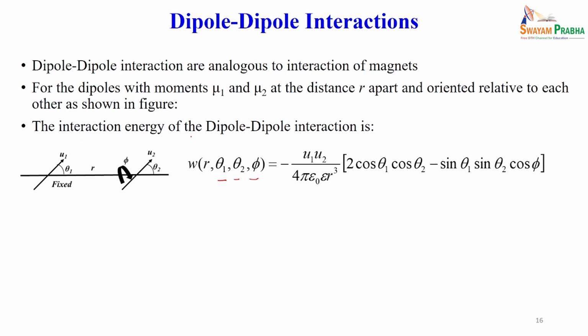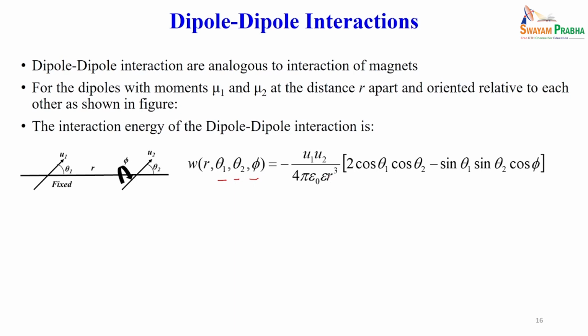The interaction energy of the dipole moments will be a function of r as well as both the angles and this new angle phi. So, we can write u1 u2 upon 4 pi epsilon naught epsilon r cube.